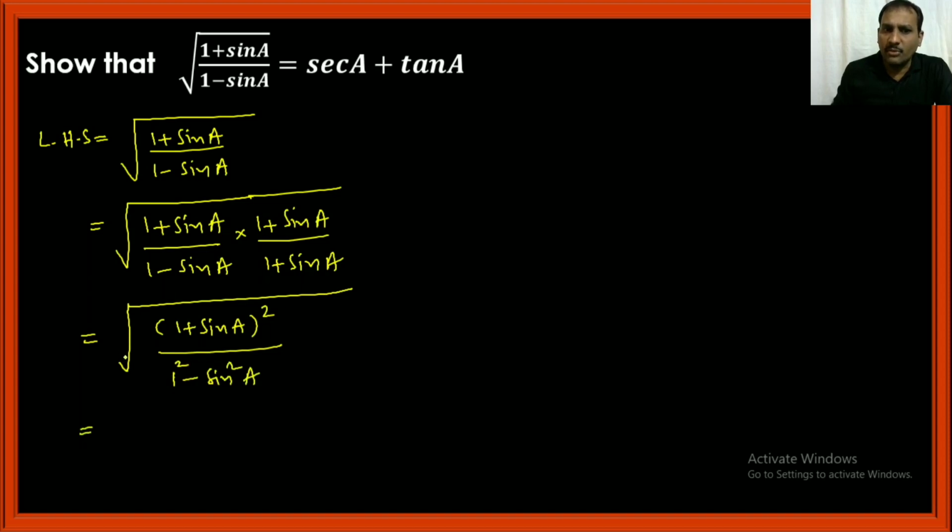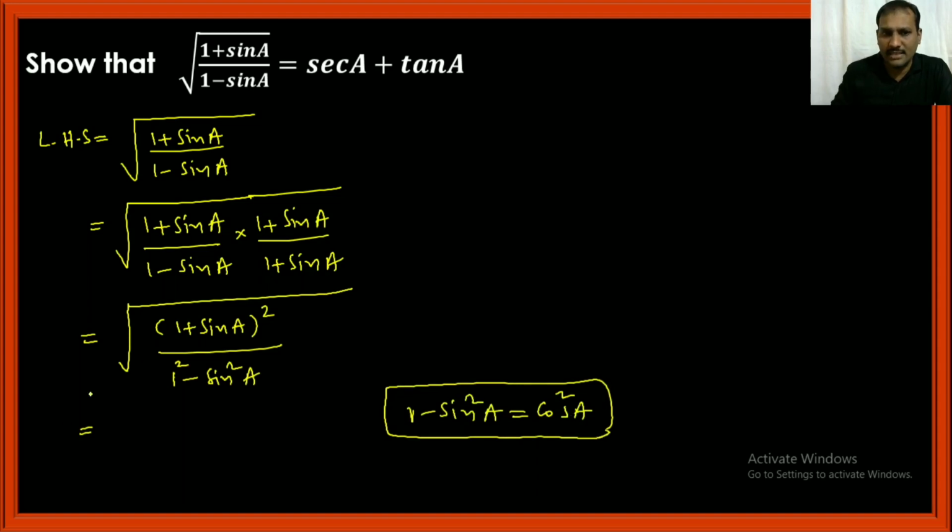So now if you remove the square root, before that you write 1 minus sin square a as cos square a. Already we have this formula, we have learned in trigonometric identities. So the question will become (1 plus sin a) whole square by cos square a. So write down cos square a.